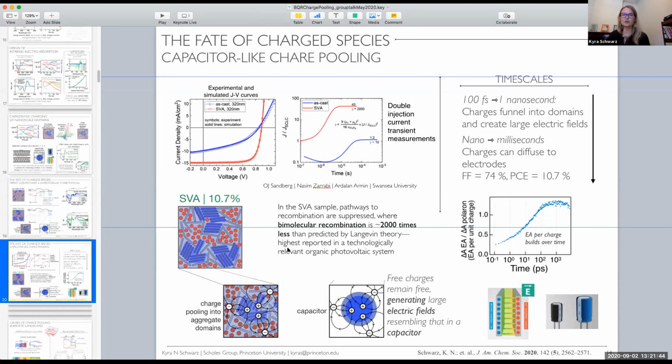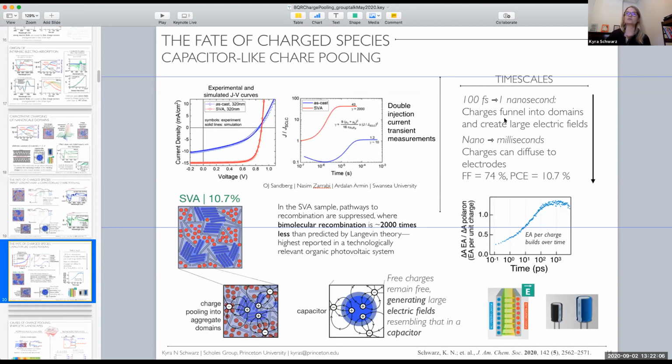We believe that's the highest reported in any technologically relevant organic OPV system. So it's a counterintuitive example, but we're able to really show that having large electric fields around can be a good thing rather than some sort of trap that's inhibiting device performance.